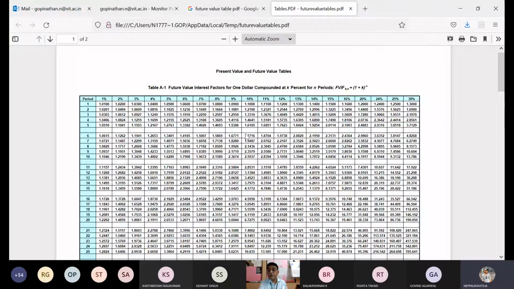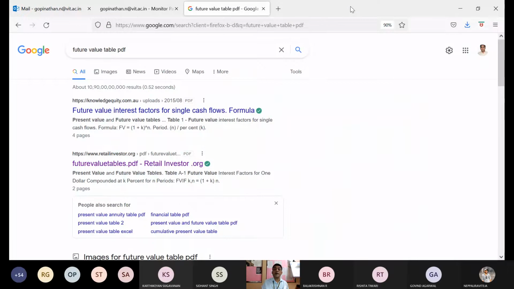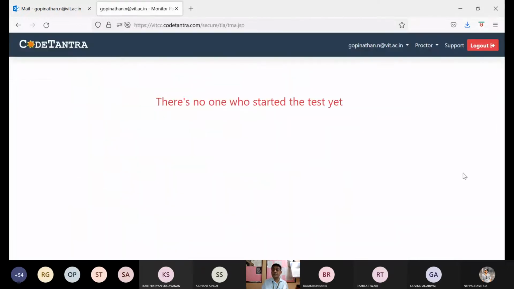That's all. This is how you have to see your table. Are you clear or not? Yes, sir. In the same way, I'll also show you the annuity table. One minute.